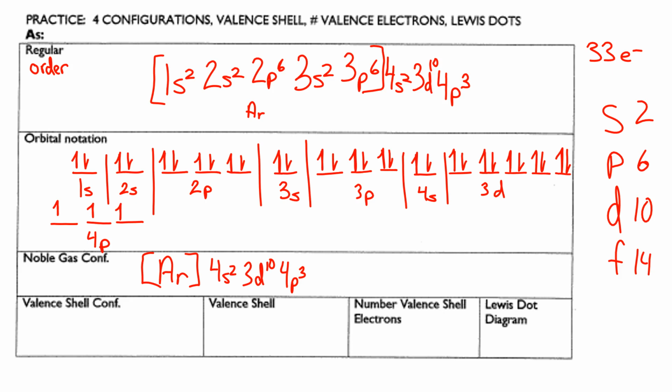All right, so S and P. So looking at my noble gas configuration, if I'm looking at only my valence shell, what would my valence shell represent? The S and the P, because that can total 8. Now in this case, it's only totaling 5. So how many electrons does arsenic have in its outer shell? 5. We learned that way back just because it's in column 5A.